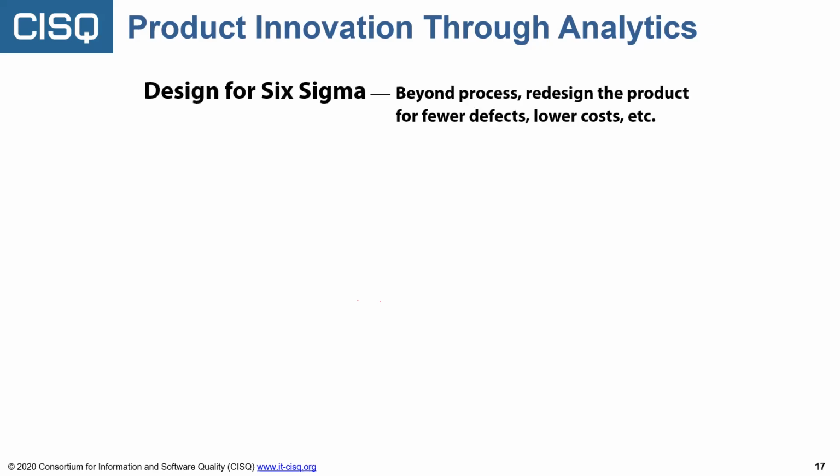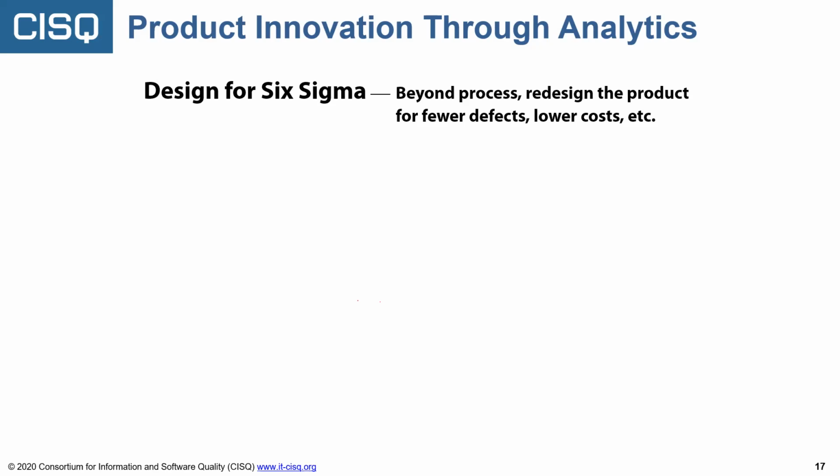And some of the folks created Design for Six Sigma, which is, once I've really optimized the process, the next opportunity for significant growth in productivity and quality is in redesigning the product, because there's probably lots of opportunities in the way that thing has been built for streamlining the way it's built in the future, for streamlining the way we can analyze it, test it, do all kinds of things, so that it'll be less likely to have severe weaknesses and defects.